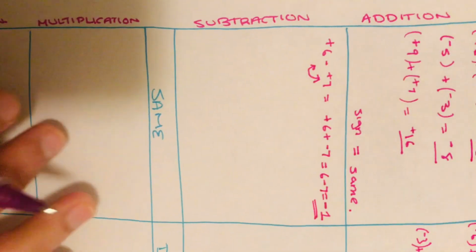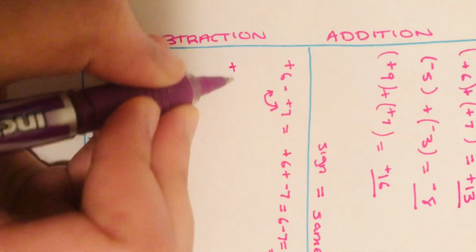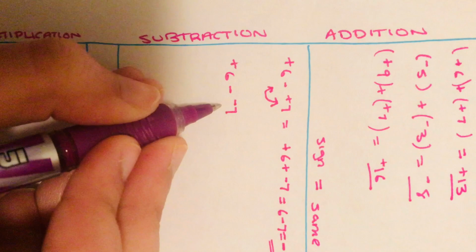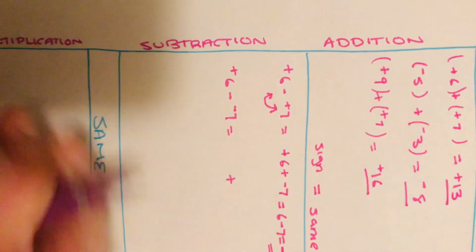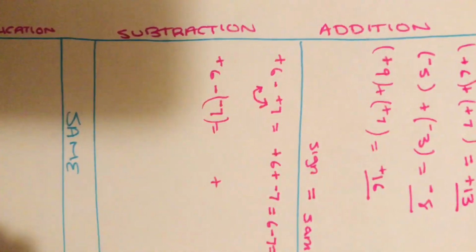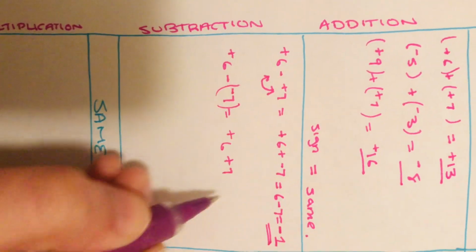Another example, +6 minus -7. So we have negative times negative here, that's going to become positive. So negative multiplied by negative would be positive. So you have +6 plus 7, right?